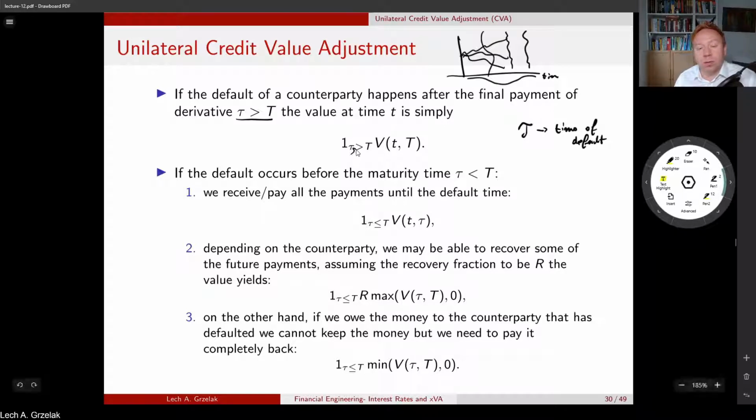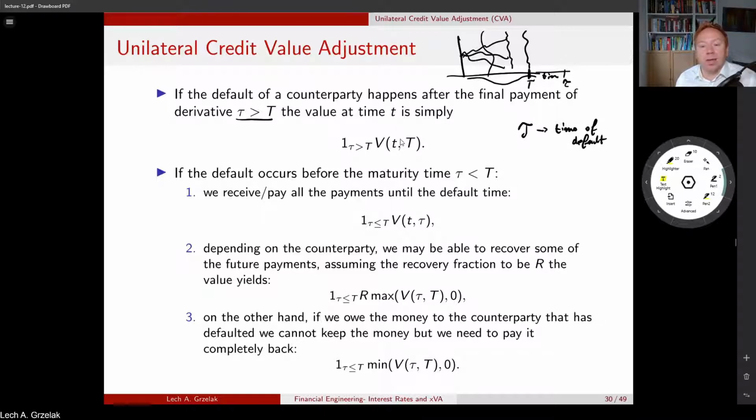So if the default would happen, here we have the value of a derivative at time t. Now we multiply with an indicator saying that if a default happens after the last payment, what will we get? Obviously, we will get the full amount, because if we receive the last cash flow from the counterparty, so if the capital time T is here and a default happened here, then of course we don't carry any risk, because the counterparty defaults after the contract expired or matured.